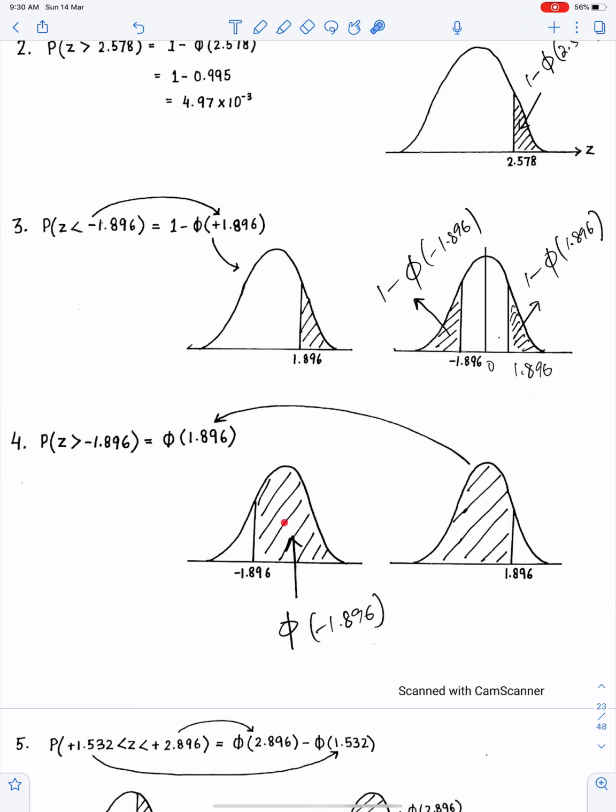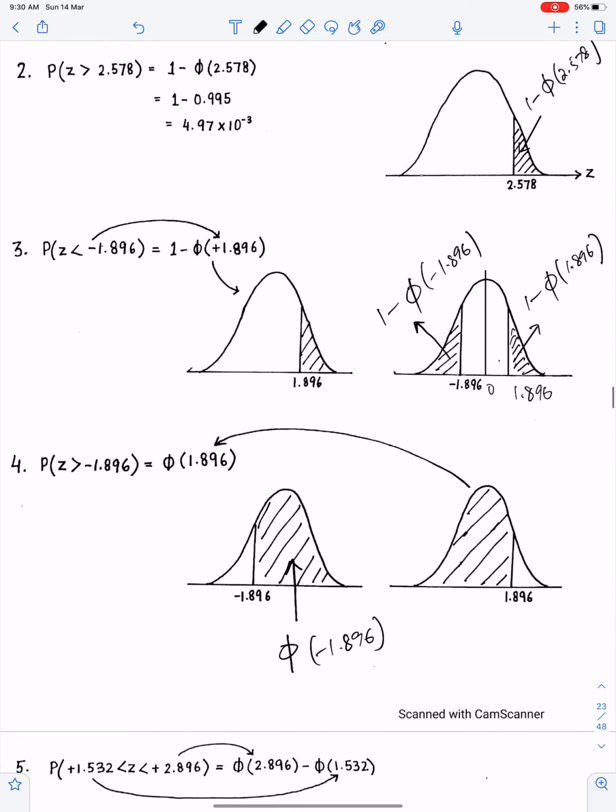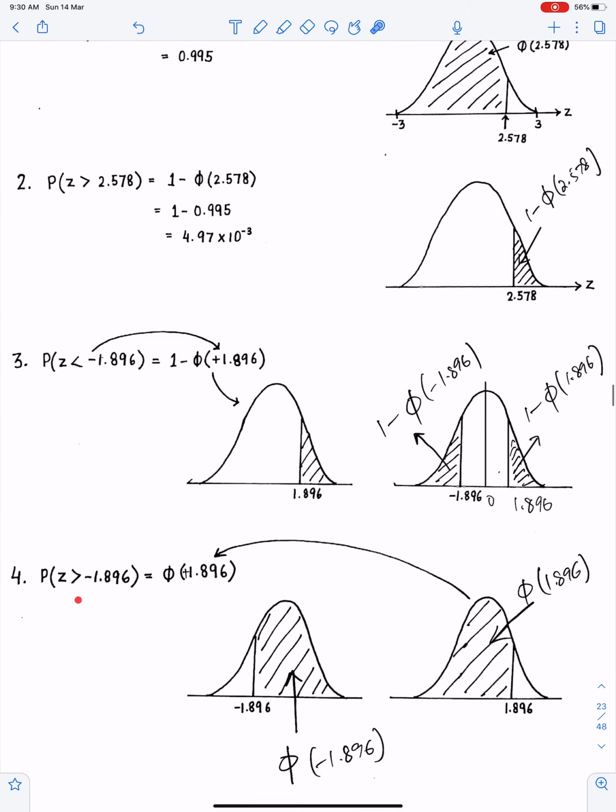So the mirror image of this sketch is this. So this area is also phi 1.896. That is why we have positive sign here. So whenever we have negative values of z, we will always write them as phi positive because we always use symmetry.